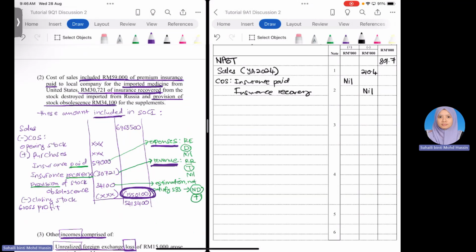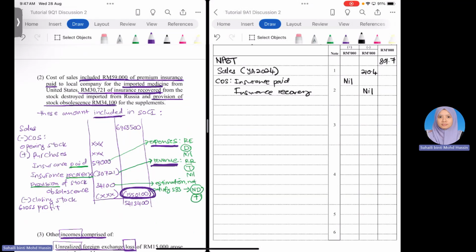Okay, and then the third item, we have provision. As mentioned before in lecture 8 and tutorial 8, when you see the word provision, if not listed in any specific section, we know that the provision is only an estimated amount. So it does not satisfy section 33 subsection 1.